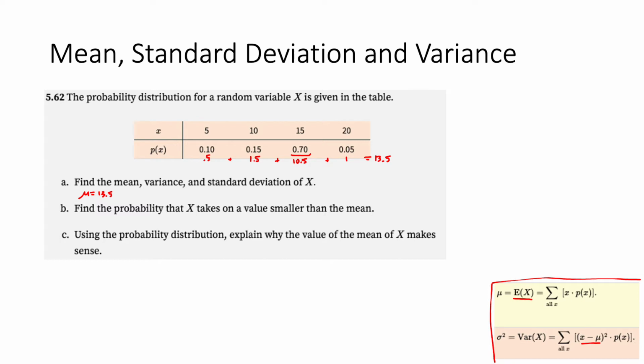All we need to do is multiply each of these probability values by instead x squared. So the reason I wrote these out like this is because we can multiply these again by x. Okay, so 0.5 times x is going to get us 2.5. 10 times 1.5 is going to get us 15.